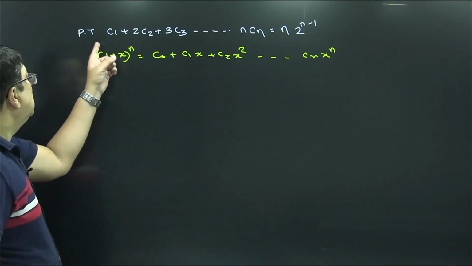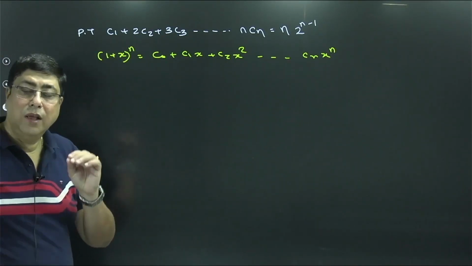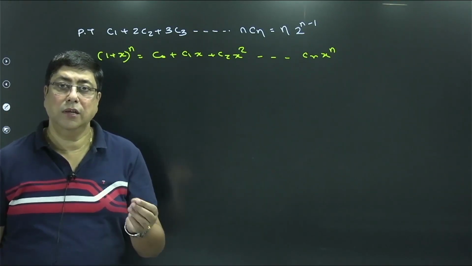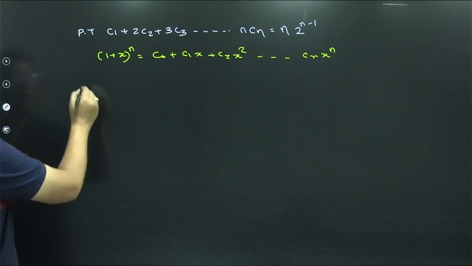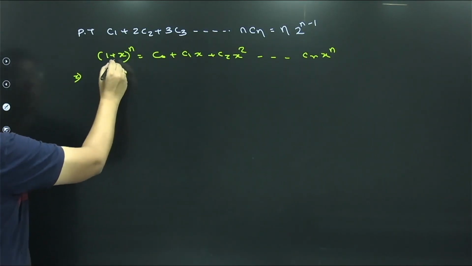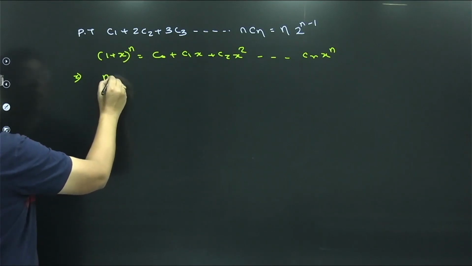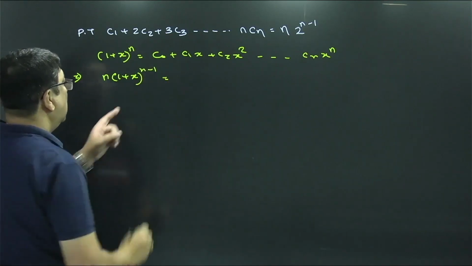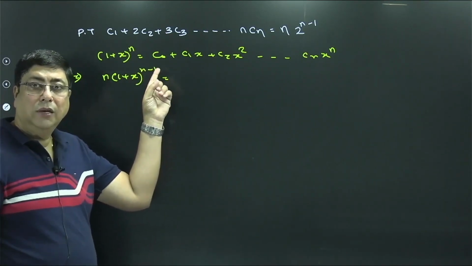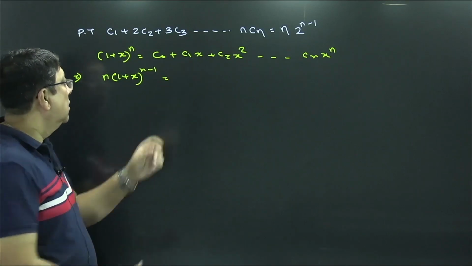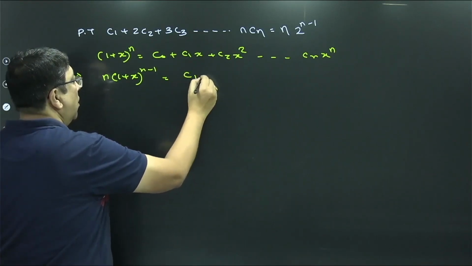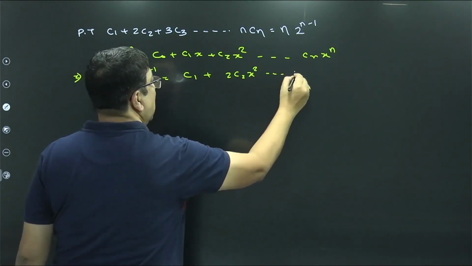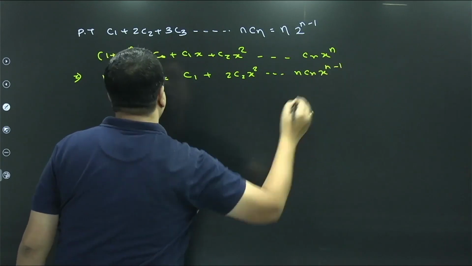Since C0 is not present, on differentiation the derivative of the constant C0 is 0. Therefore, we can differentiate with respect to x: we get n into 1 plus x whole to the power n minus 1, and the derivative of C0, a constant, is 0, and the derivative of C1x is C1, plus 2C2 x square, in this way, up to n Cn x to the power n minus 1.